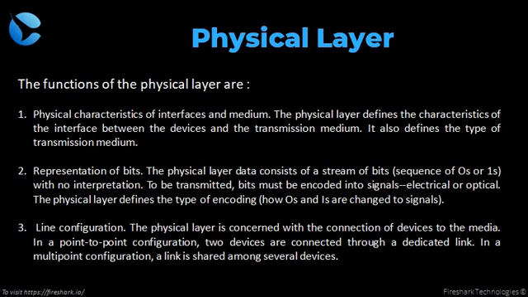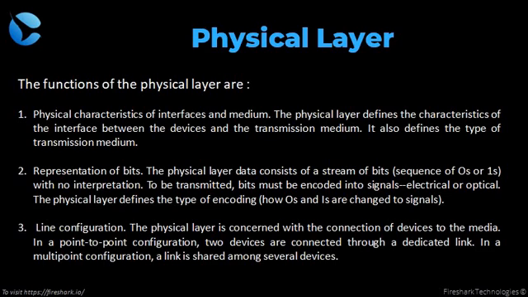Now, functions of the physical layer. Physical characteristics of interface and mediums. The physical layer defines the characteristics of the interface between the device and the transmission medium. It also defines the type of transmission medium. We will see in the later part of our video what a transmission medium is and what its types are.